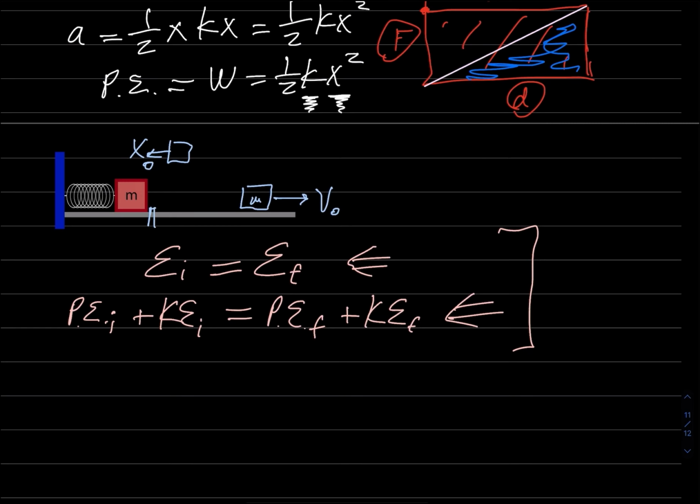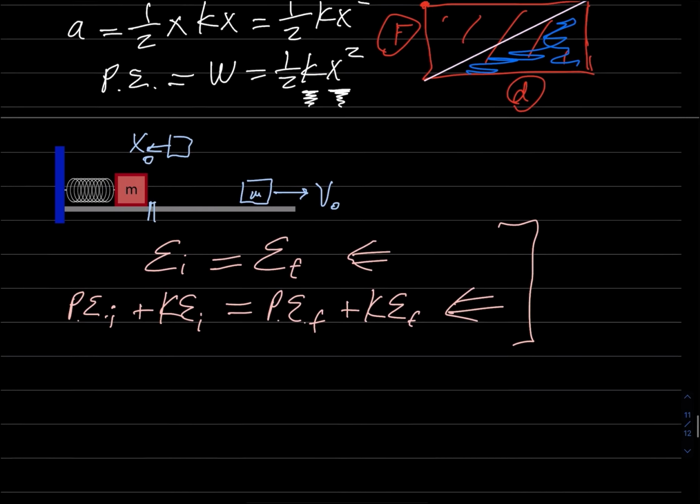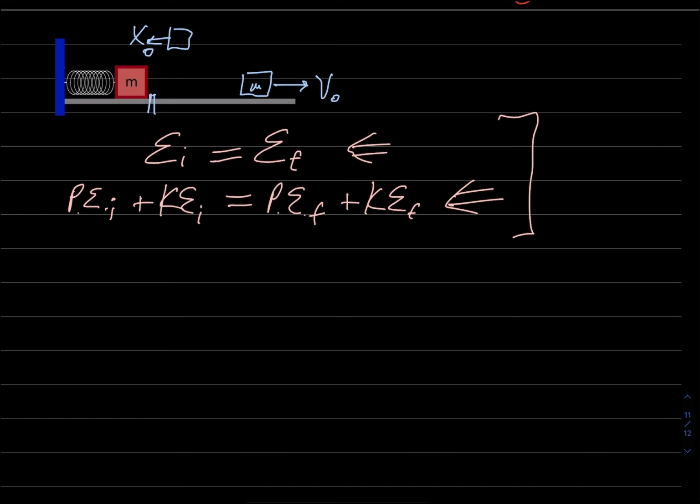Things have to be done step by step. So the initial potential energy is 1/2 k x sub naught squared. The initial kinetic energy is 0 because the block isn't moving. The final potential energy is 0 because the spring is no longer compressed. It's resting at its equilibrium position.